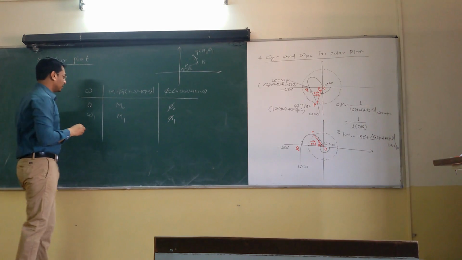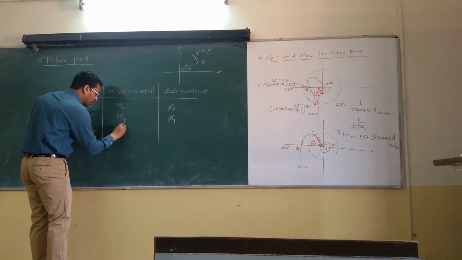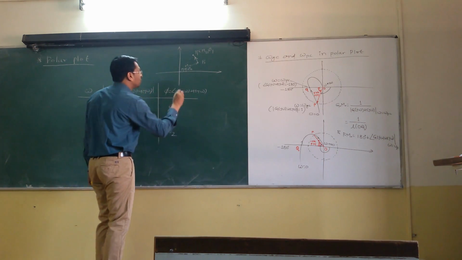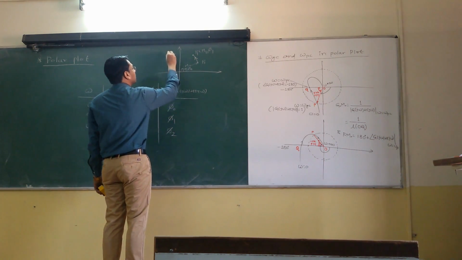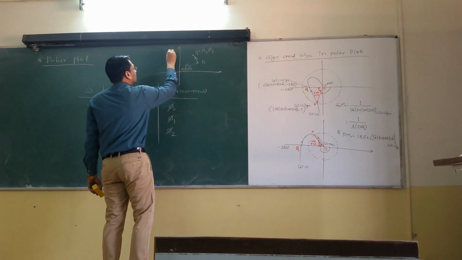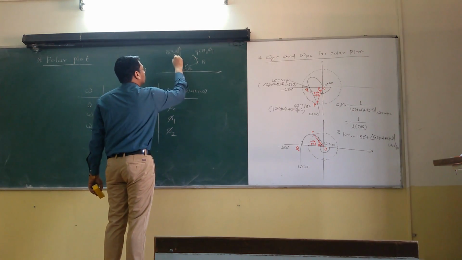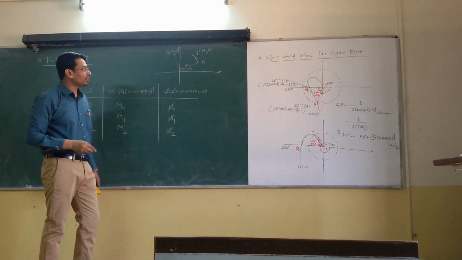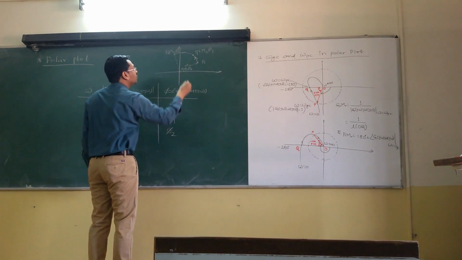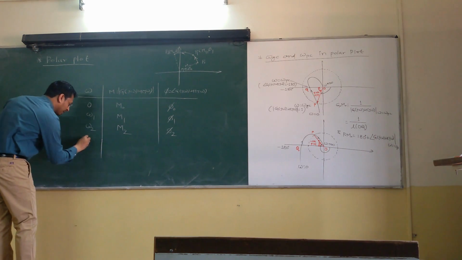This is the direction. Once again take another point omega 2, corresponding magnitude m2 and corresponding angle phi 2, and here is the corresponding point p2 with magnitude m2 and argument phi 2. Then connect this point also. Correct? Now take omega 3.